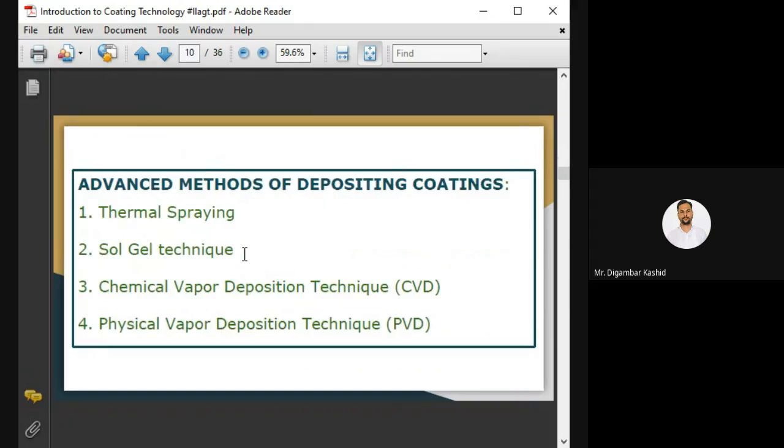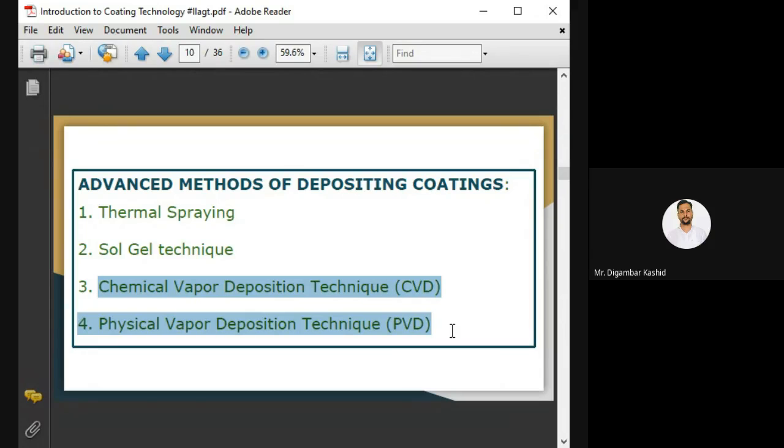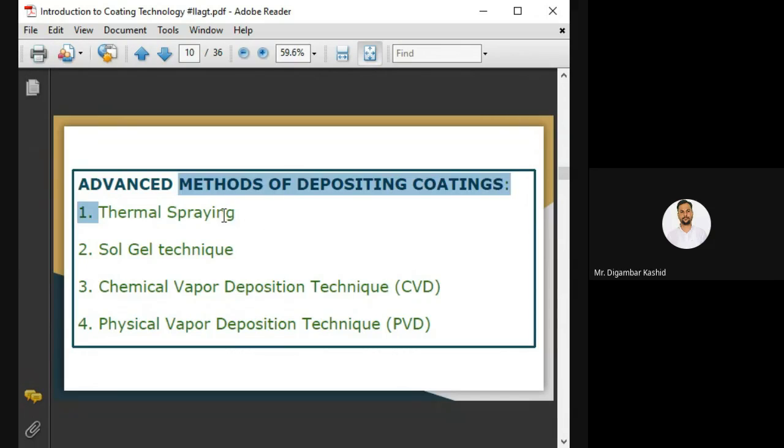Now, as per our syllabus, we have different advanced methods of depositing coating. CVD and PVD are there, and we are going to talk about them in detail. We also have thermal spraying and the sol-gel technique.